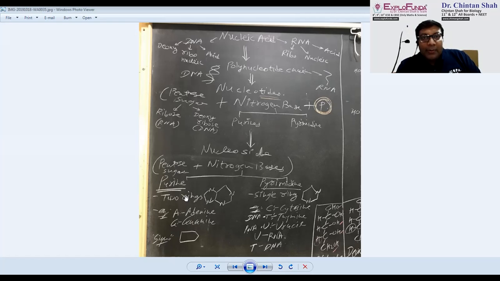Nitrogen bases having a two-ring structure are known as purines, and a single-ring structure is known as a pyrimidine. The examples of purines are adenine and guanine. And pyrimidine is a single-ring structure, and its examples are cytosine, thymine, and uracil.